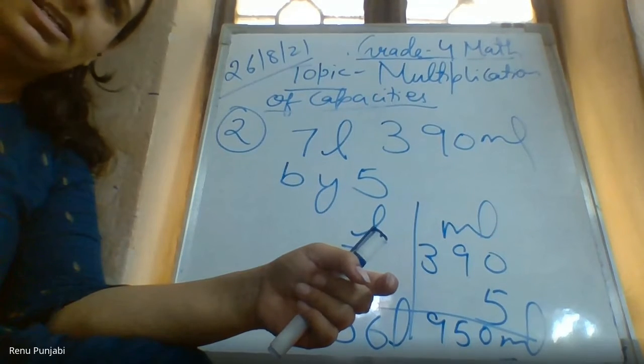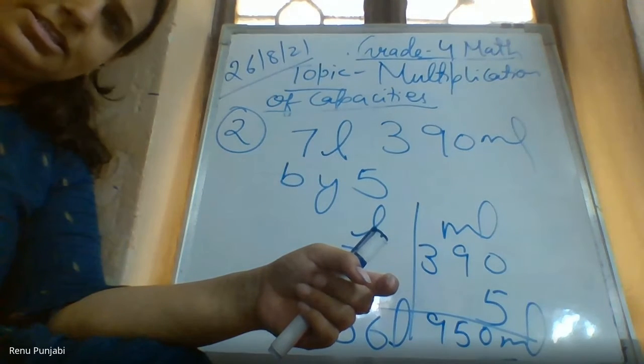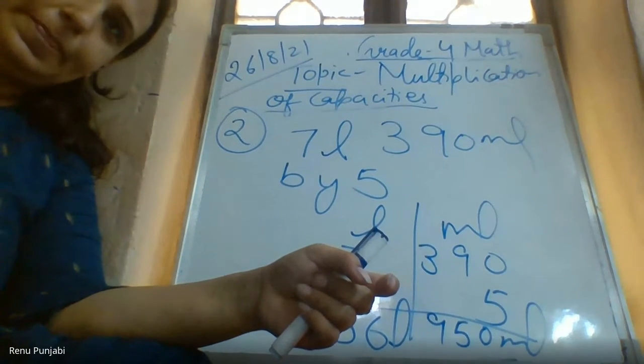Yes, Dania. My father pours 250 liter water in each of the tanks. How much water did he pour in four tanks? First, you told how many liters, 250 liter water, and how many milliliters?